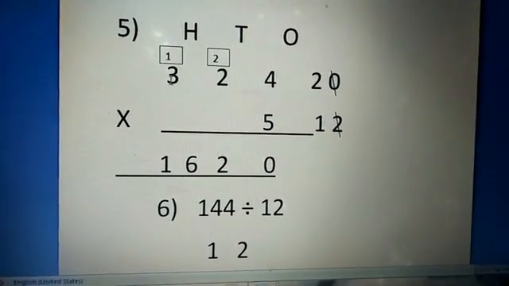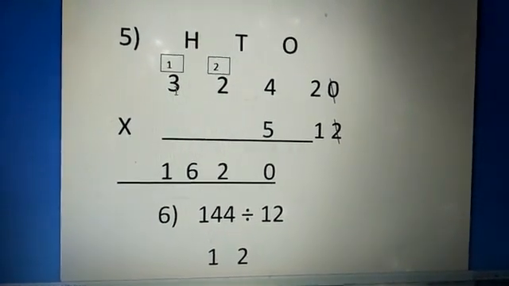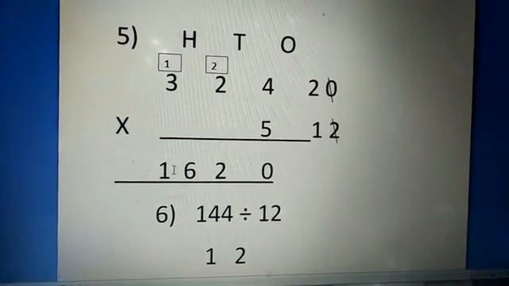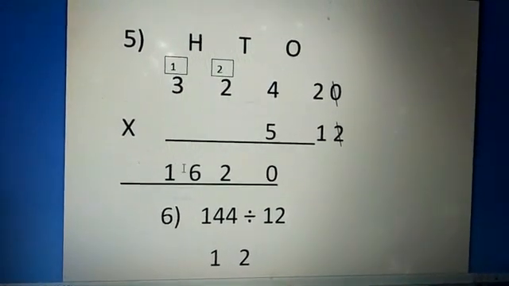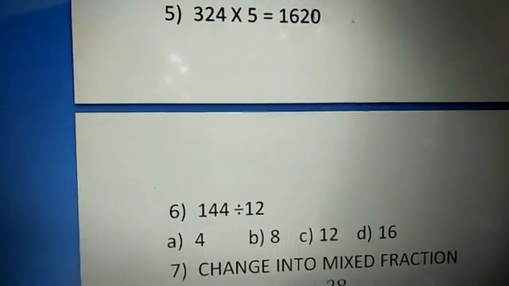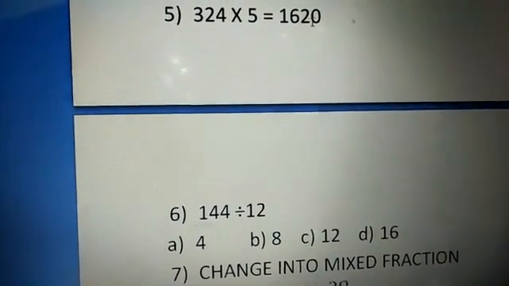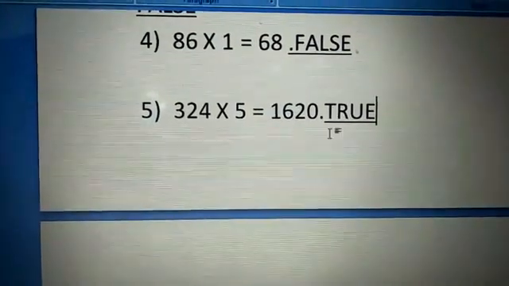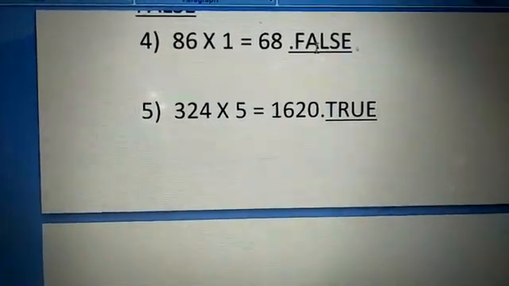Next, I multiply 5 by 3. 3 5s are 15. 15 plus 1, 16. So our answer is 1620. See here, children, I have given the answer 1620 here also. So this statement is true. The fourth one is false.